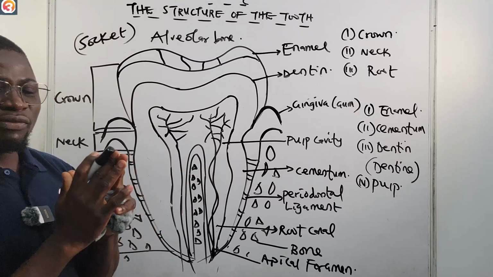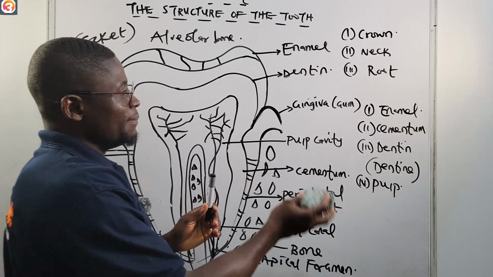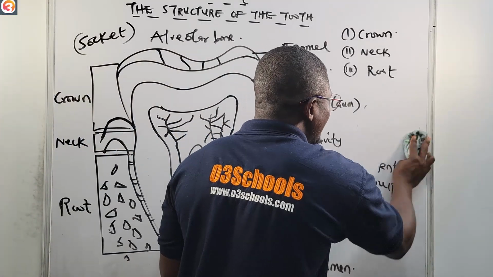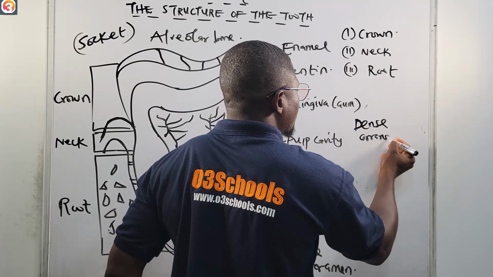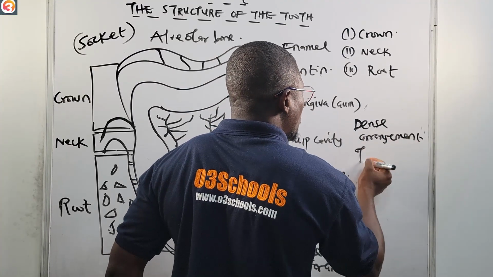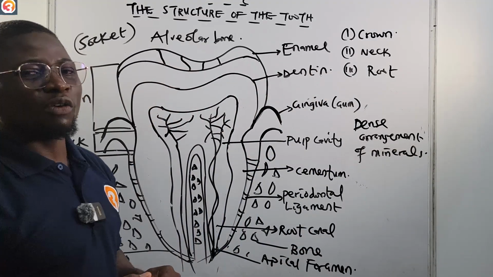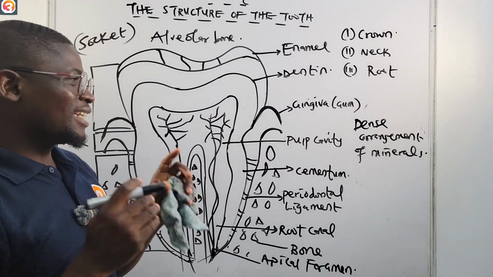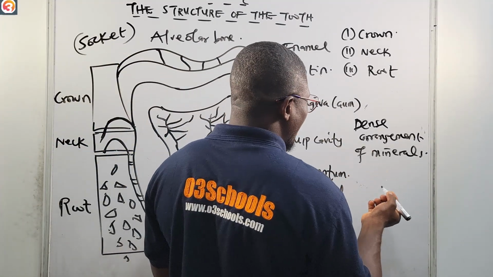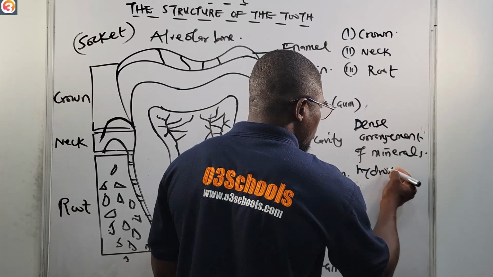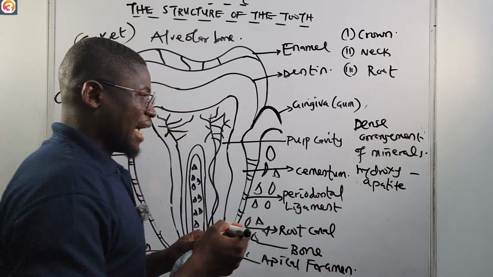Instead, it is comprised of a dense arrangement of minerals. An example of such a mineral is hydroxyapatite. It's one word, hydroxyapatite.